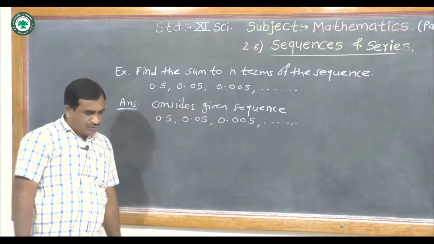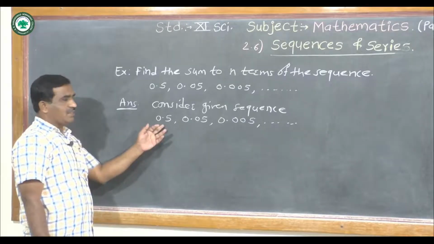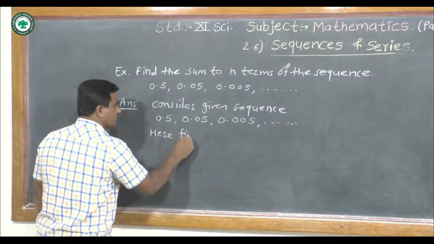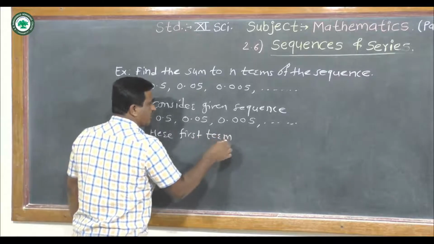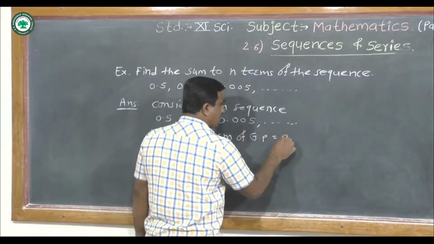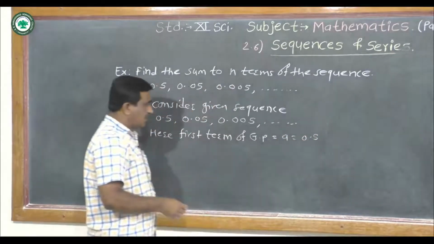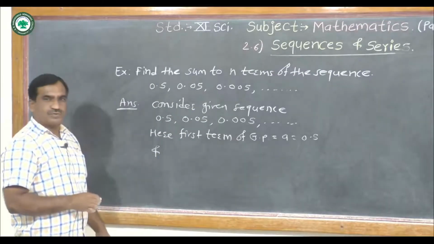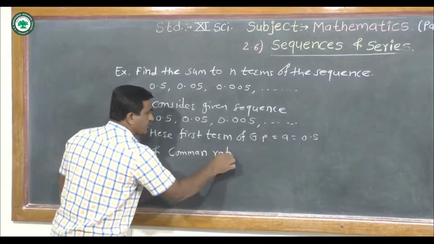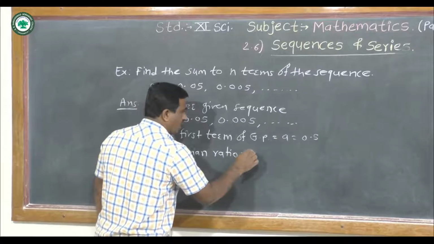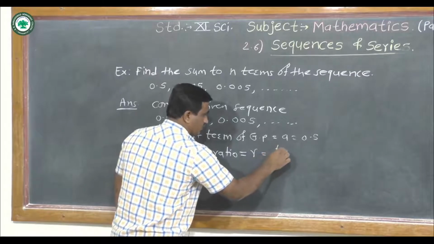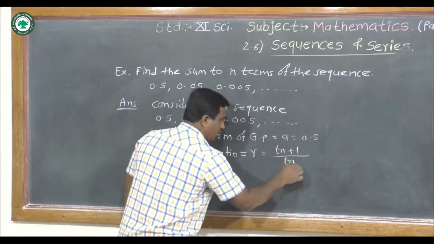Now in this sequence we are given the first term. The first term of the sequence is 0.5 here. First term of the geometric progression is a equal to 0.5, and we have to find the common ratio. Common ratio of a GP is r, and the formula is T(n+1) upon Tn.